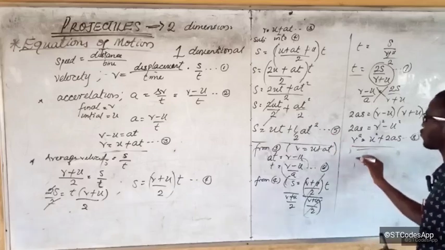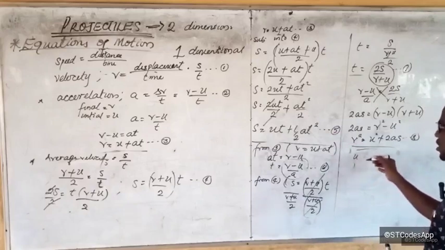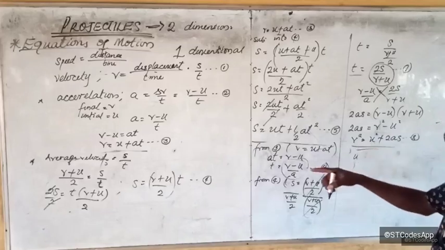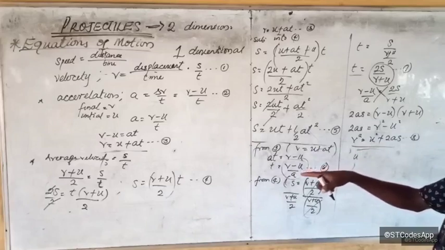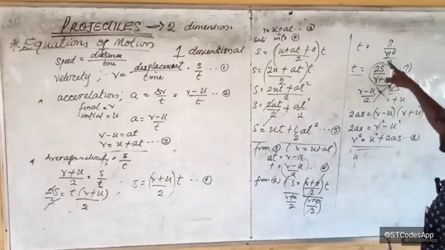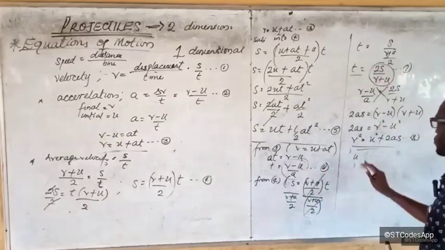We know that u will be equal to... Or let's make t the subject since it's still t. We could decide to substitute t here. You know t is v minus u over a. Let's use this one, v minus u over a.